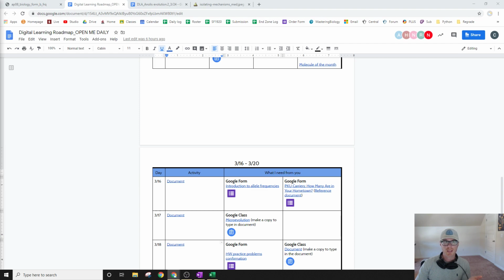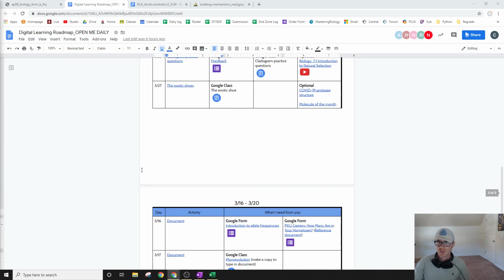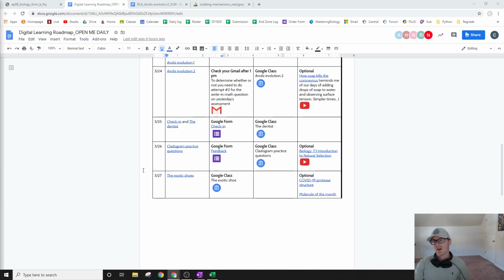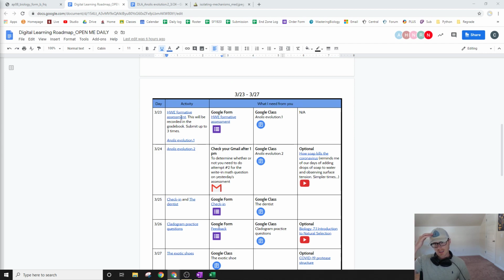Most of the cladograms you've seen from AP Bio exams have been like five organisms, so it's not nearly as complicated as the Anolis one.